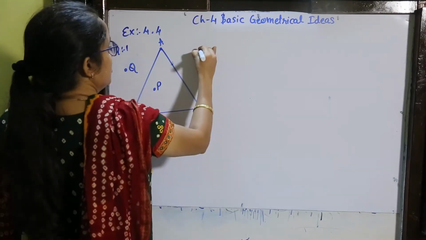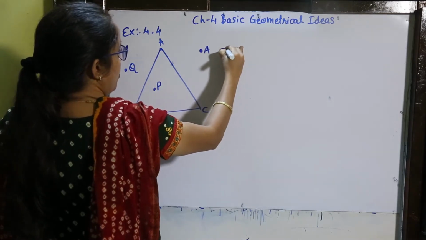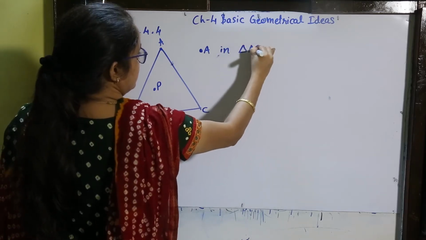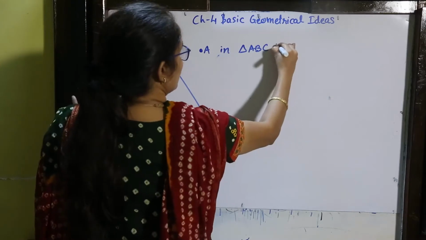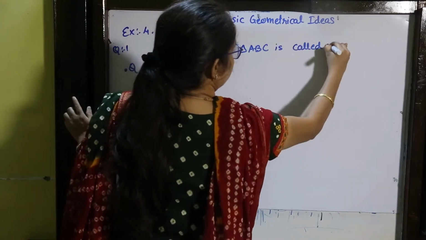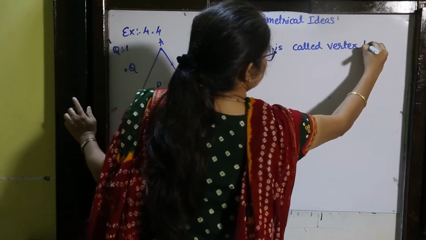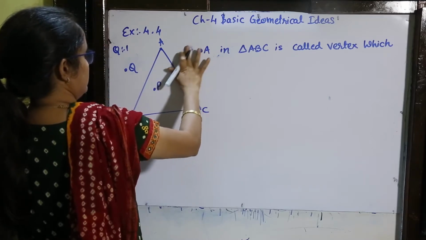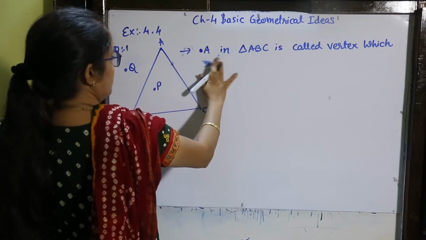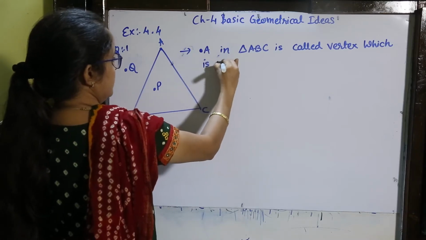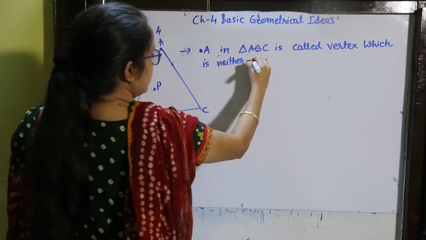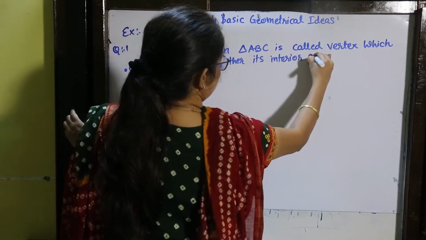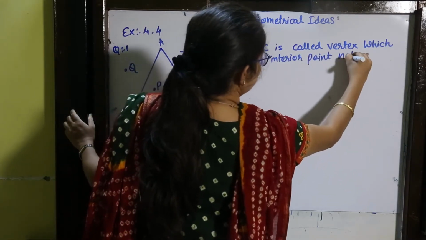So you can write: point A in triangle ABC is called a vertex, which is neither its interior point nor its exterior point.